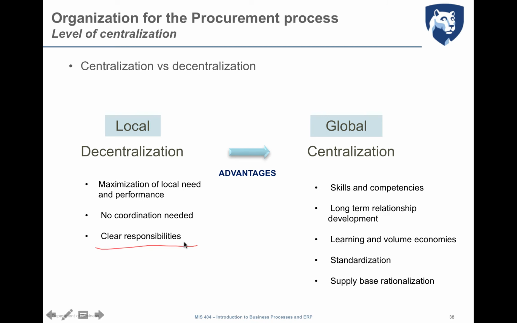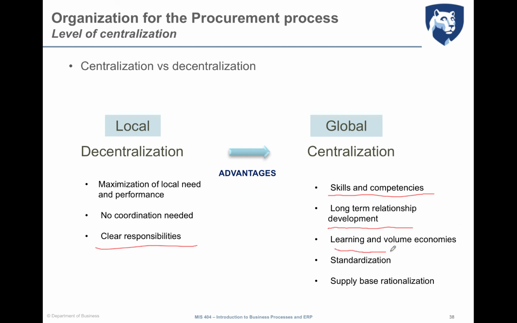However, in decentralizing, I lose some of the advantages that centralization is giving me, like the development of skills and competencies which are typical of a central procurement department. I mean the possibility to establish long-term relationship development with suppliers, because suppliers are attracted by a central procurement unit able to guarantee them long-term and very large contracts in terms of volume, which is not possible with a local solution.